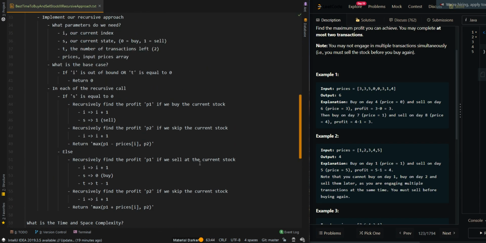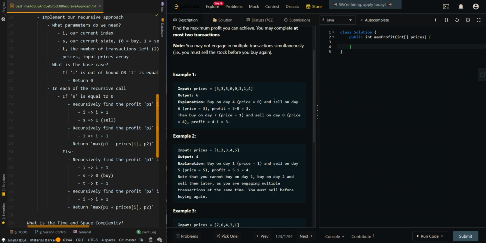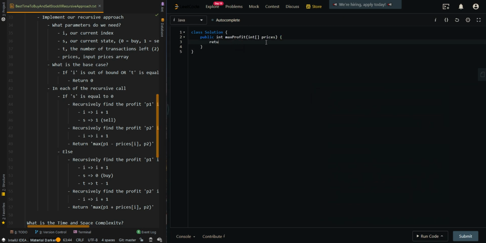Now let's go over the code. We're going to implement our recursive approach, keeping track of our current index, initially at 0, our current state, initially the buy state, and the number of transactions we have left, which is at most 2, so we start with 2, and our input array.